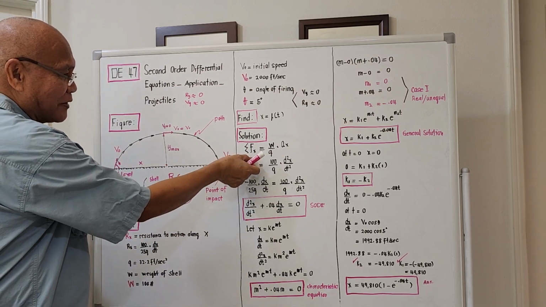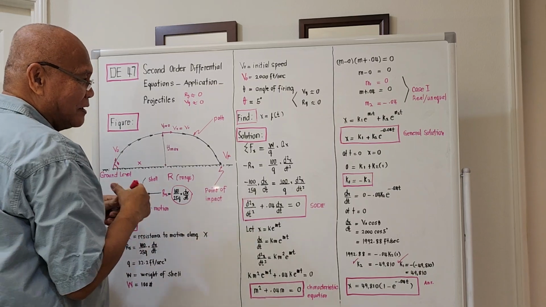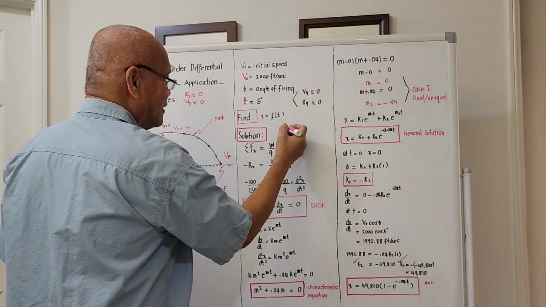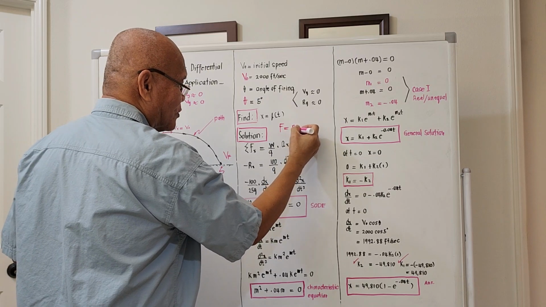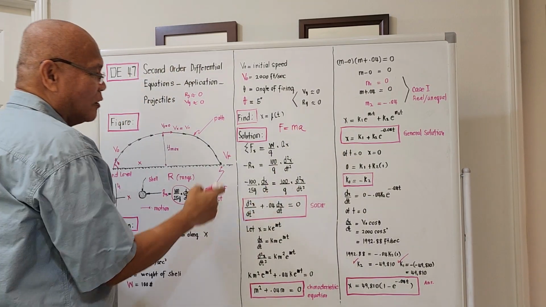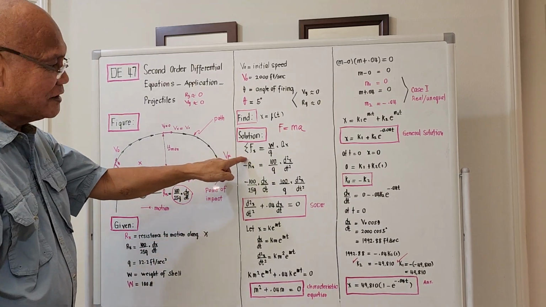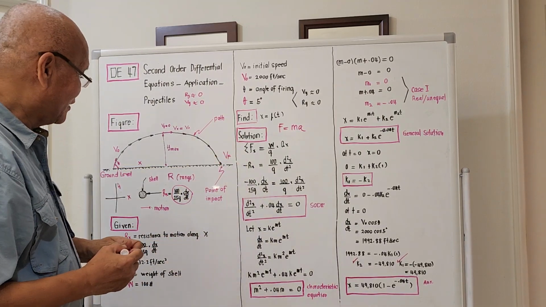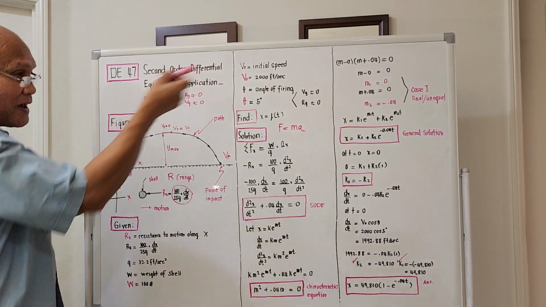Summation of forces along x should be equal to, force is equal to MA. Why do I take the summation? I put the summation notation delta here because there could be many forces acting on the shell as it flies.